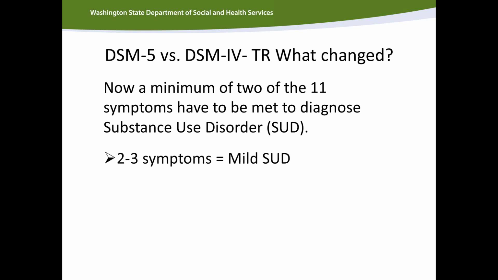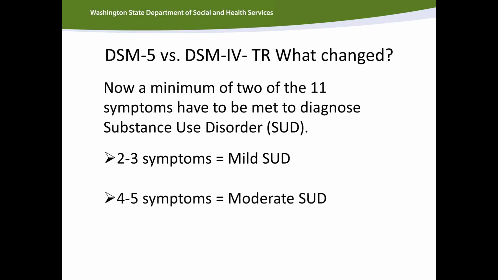This would correspond roughly to what was being called substance abuse previously. We'll talk about the different symptoms, but the symptoms in DSM-V get progressively more serious as you go up into the more severe condition. So 2 to 3 symptoms to diagnose mild substance use disorder.